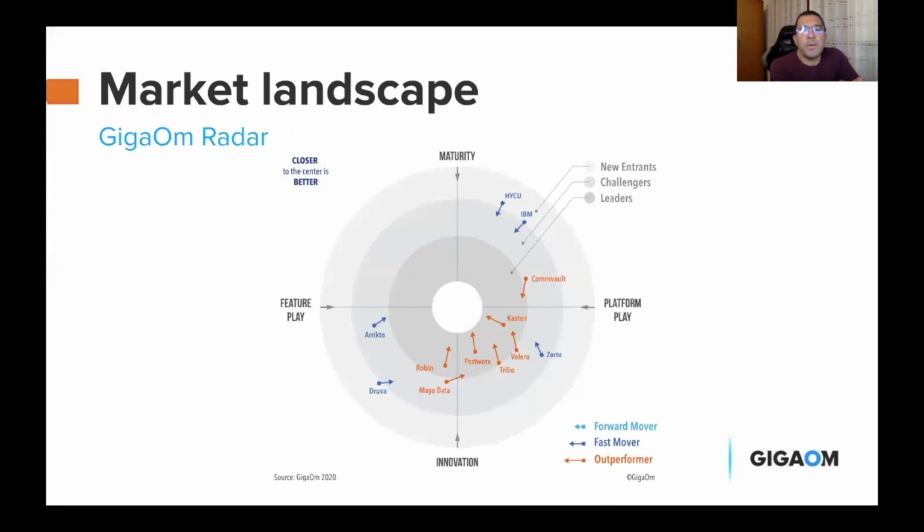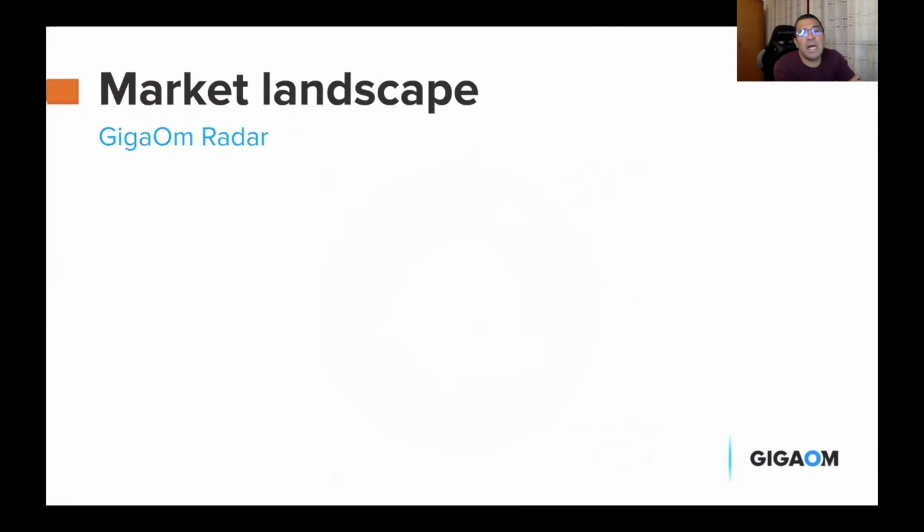So let's take a look at the market landscape. This is our latest Gigaom Radar, published last week. As you can see, there are several players that are already working on data protection. And of all these vendors, there are some of them that are really active in providing data management solutions.